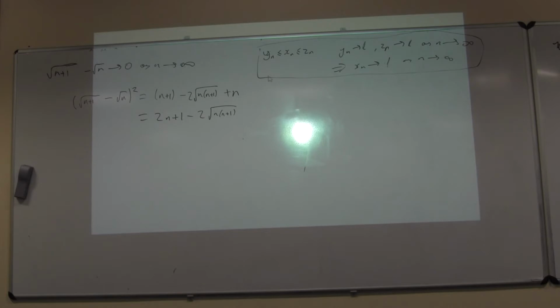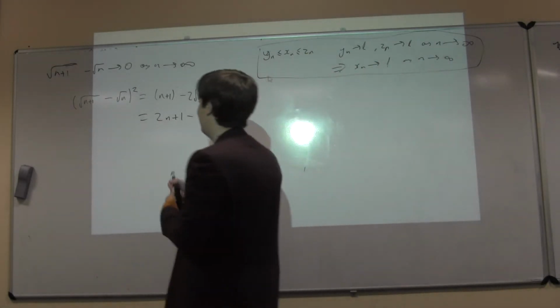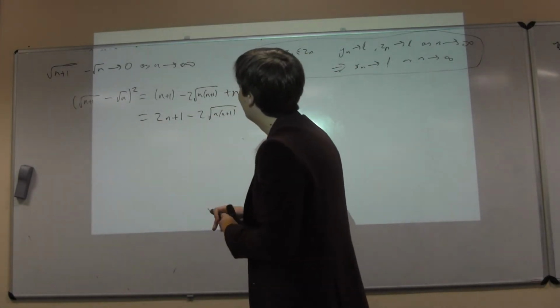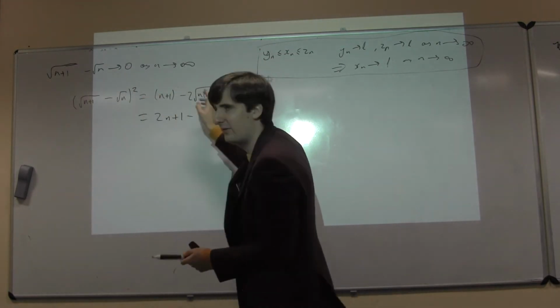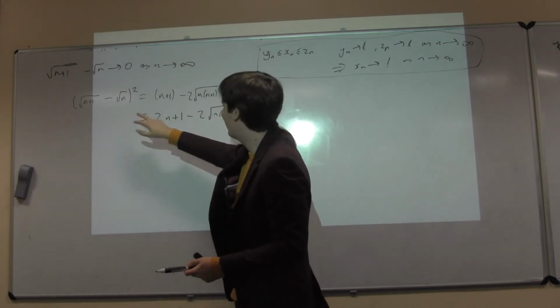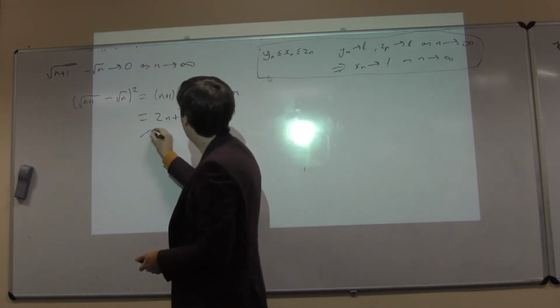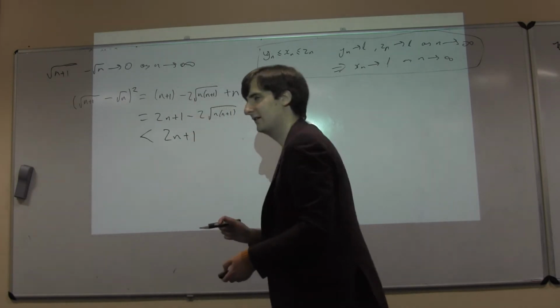They like drawing in books, but that's a typo. That's a mistake in the answers. Okay, so let's follow their route. So we were doing the right thing. This thing squared is this, and this is less than 2n plus 1.